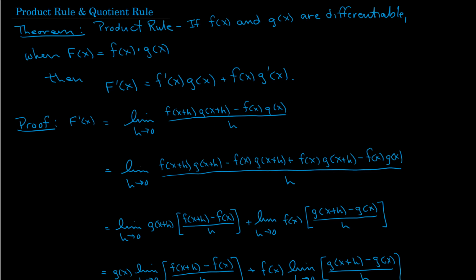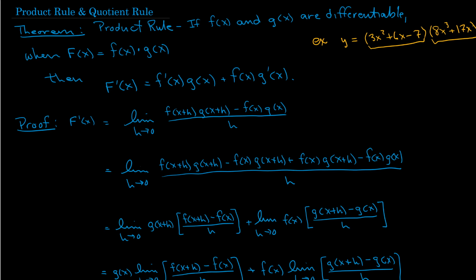For example, suppose we have something like y is equal to 3x squared plus 6x minus 7 times 8x cubed plus 17x. On the right-hand side, we have two separate functions, and they are being multiplied together.